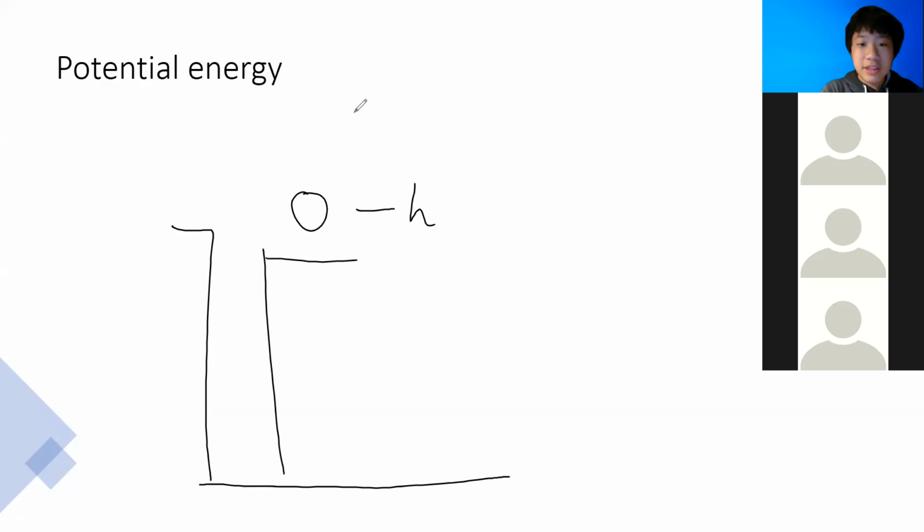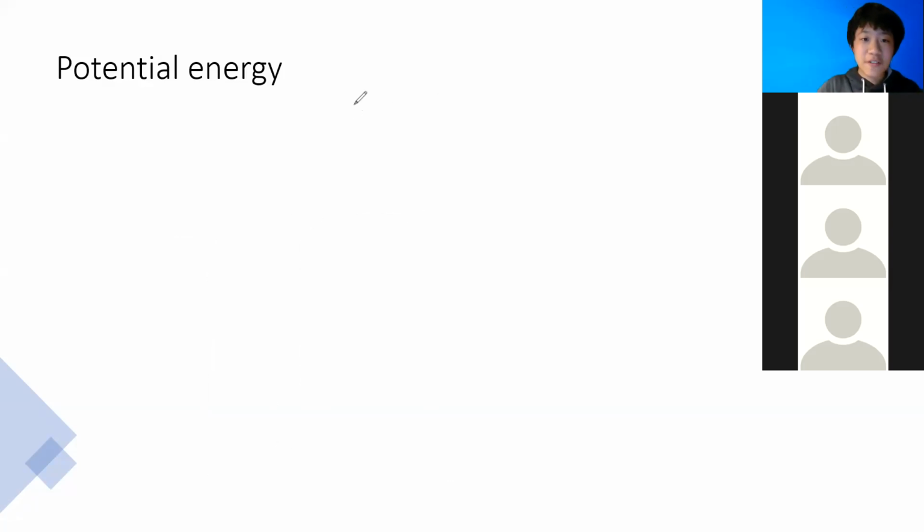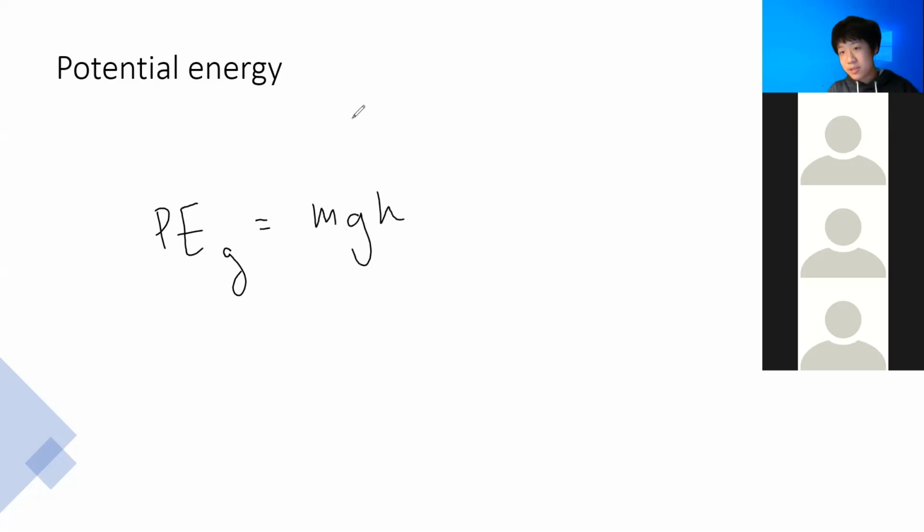If the table were closer to the ball, then h would be a lot smaller. If it were to drop all the way to the floor, then h would be greater. And the equation we use for gravitational potential energy, we'll label that as PEG, that equals mgh: mass times the gravitational acceleration times the height of the object, the relative height, okay?